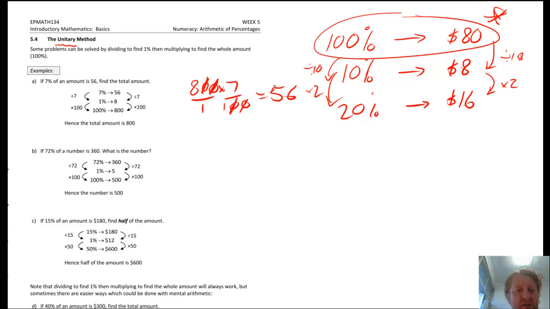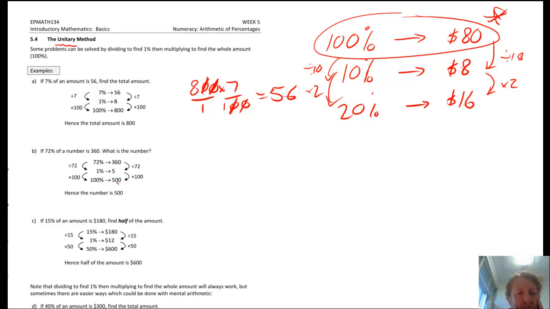Yep, I was correct. The next one says 72% of a number is 360. Fine. 72% is worth 360. Hence, let's always just divide by 72 to get down to 1, the unitary method. But if you're going to divide the left by 72, you've got to divide the right by 72. And then to get from 1 to 100, you times by 100. To get from 5 to 500, yeah, we times by 100.